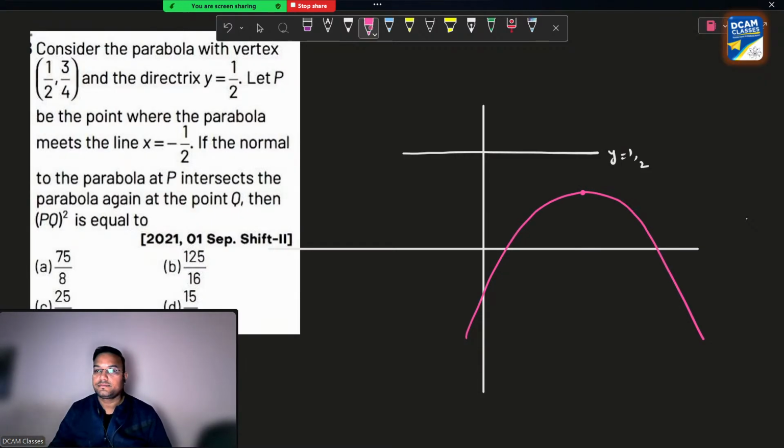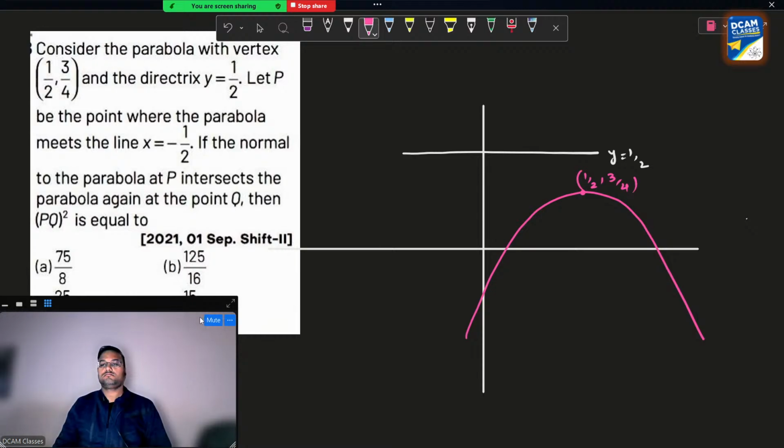Downwards. Or it can be that way also. It can be upward also, na? What do you think? Yes, it can be upward also.